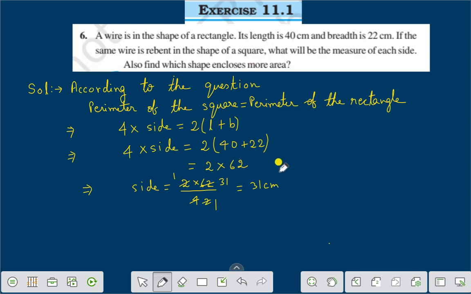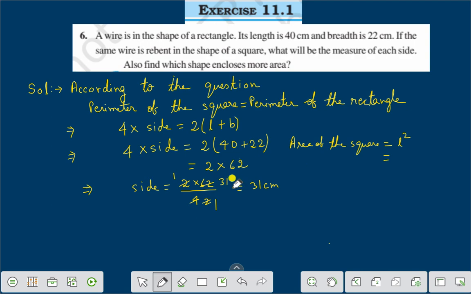Now find which shape encloses more area. The side of the square is 31 centimeter, so the area of the square is side square, or side into side.